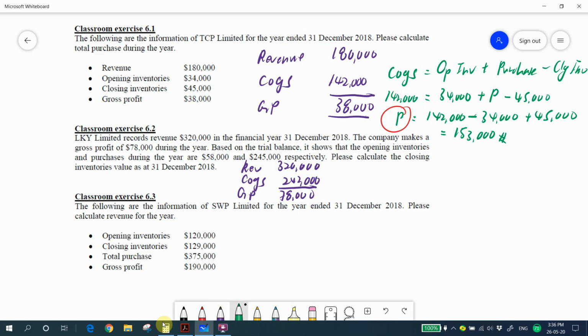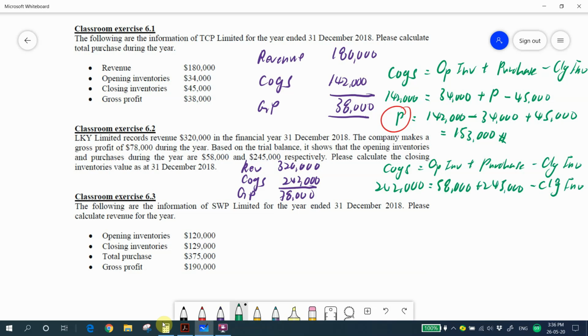Applying the formula, COGS equals opening inventory plus purchases minus closing inventory. We have the COGS, which is 242,000. Opening inventory is 58,000. Purchases 245,000. Closing inventory we don't know, so we put closing inventory here.